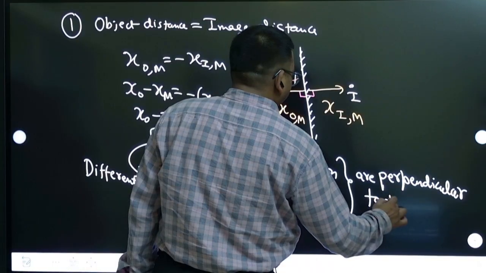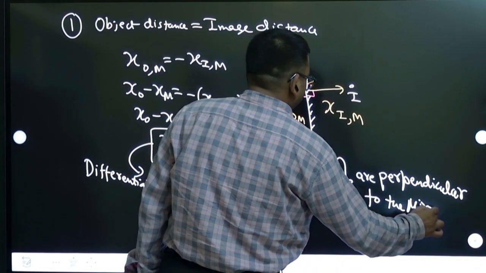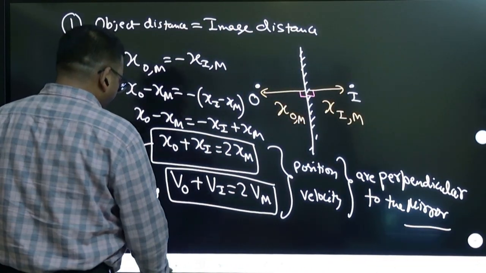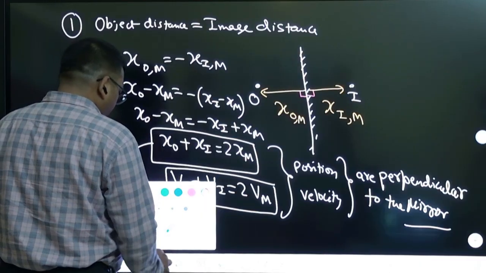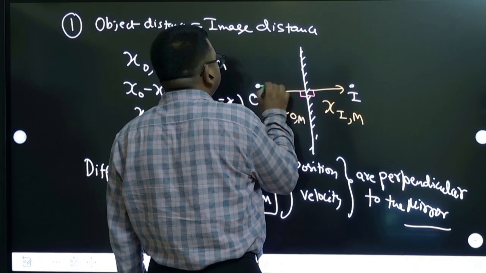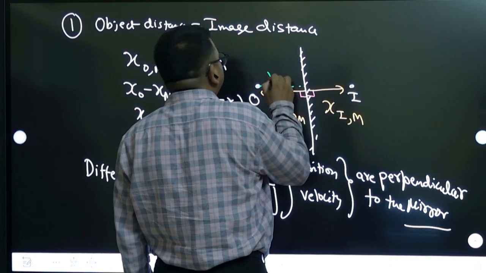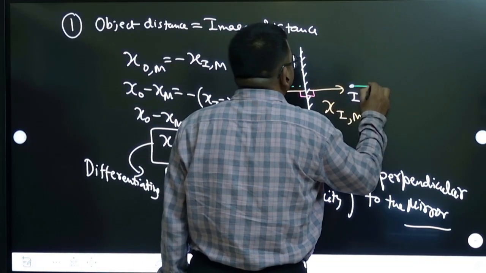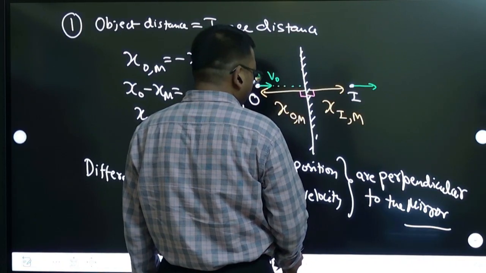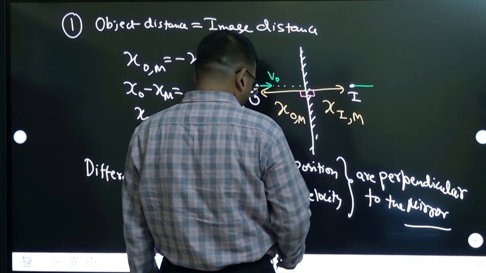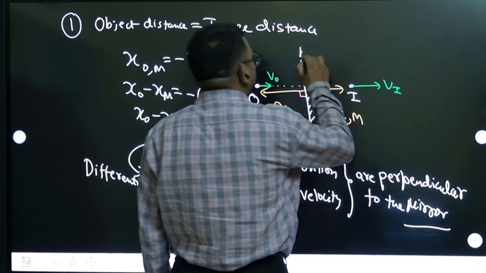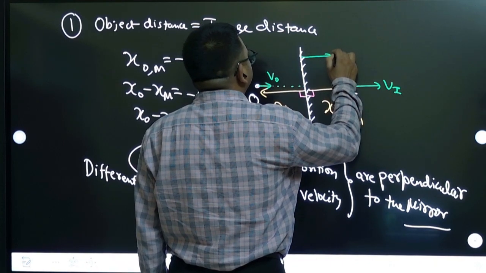Perpendicular means they may be going this way, or this way. The mirror also may be moving like this.